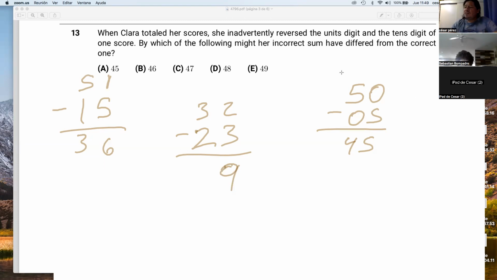Do you see something special in those 3 numbers? Oh, they're multiples of 9.